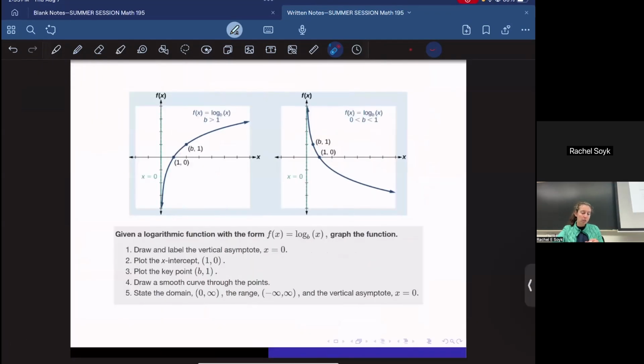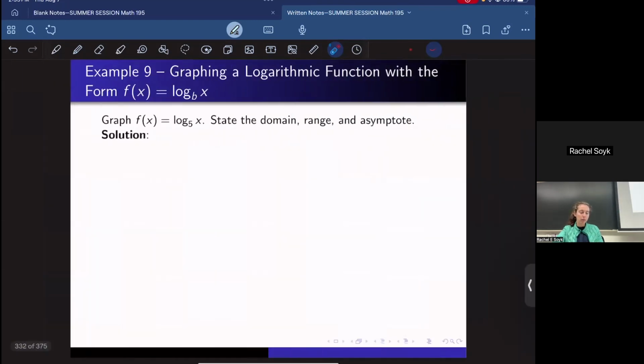This is a visual of what our log base b looks like, which you've seen a few times now. So I think we're ready for our example 9, which is just graphing log base 5 of x.